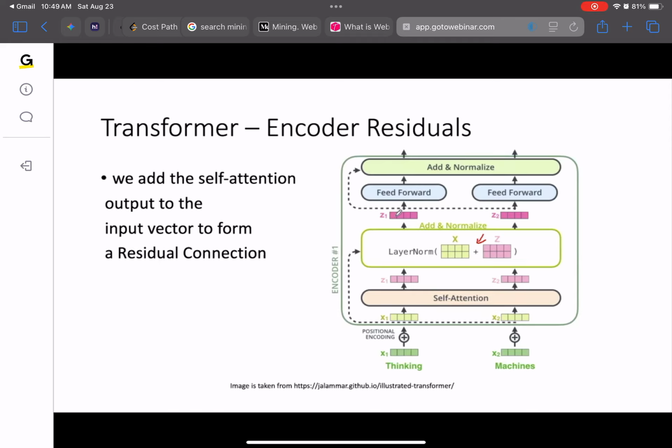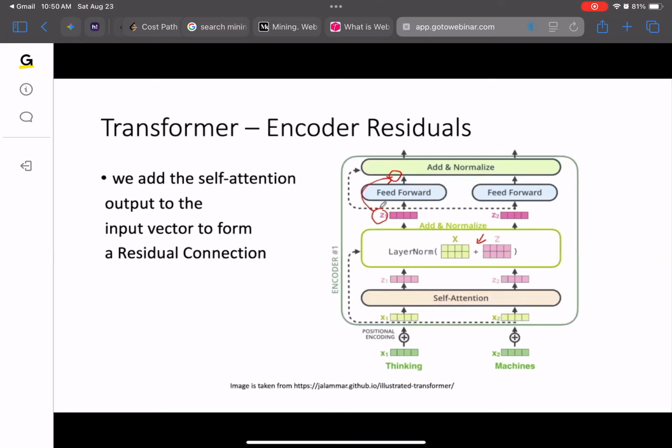Once we pass to the feed forward network, the output of the feed forward network is once again added to the earlier vectors: Z1 is added to whatever output comes here, and similarly Z2, and we also normalize that.